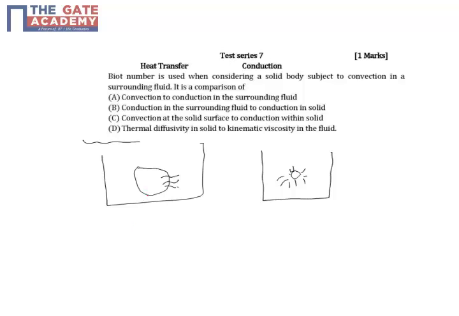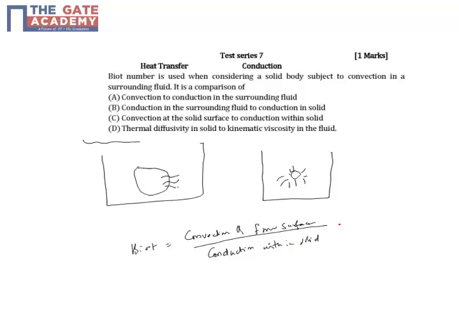Now what is Biot number is, it compares the convection heat transfer, convection Q from the surface, to conduction within the solid actually.